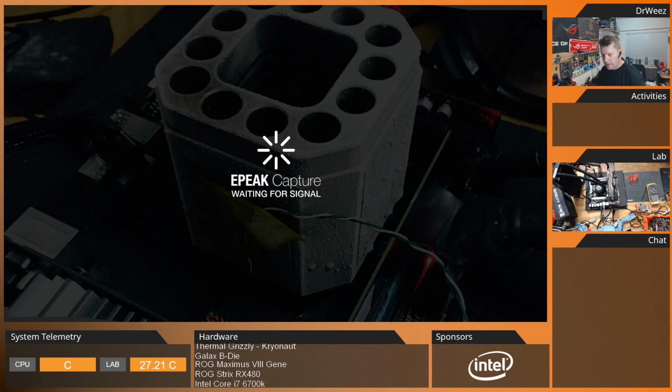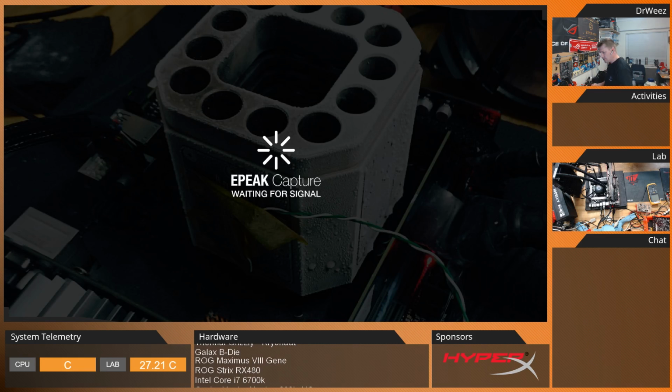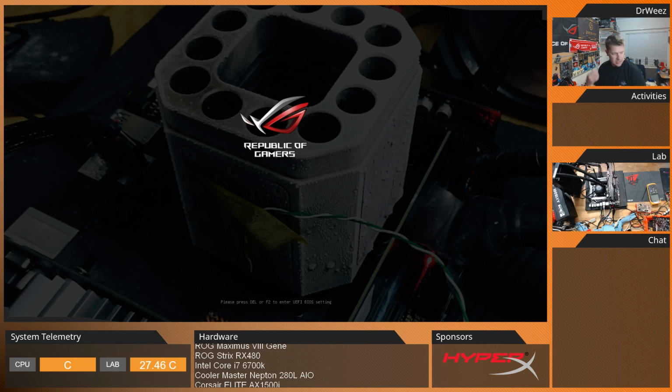Alright, so I need to change the HDMI splitter. The picture is not very pretty in some of these screens. I think the HDMI splitter is overheating. Luckily I do have a spare.